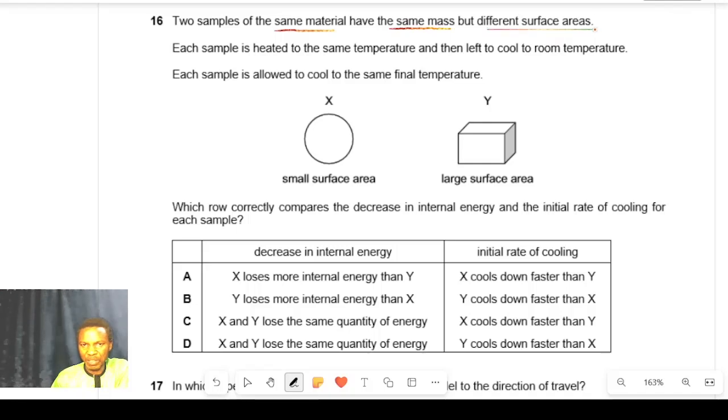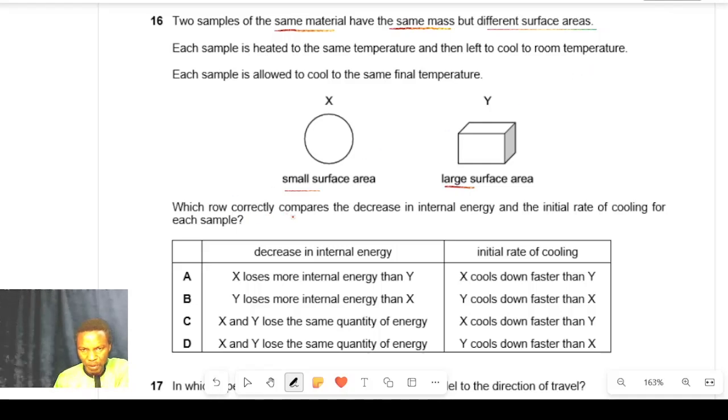Now the surface area of Y is larger, and the surface area of X is smaller. Each is heated to the same temperature, then left to cool to room temperature.